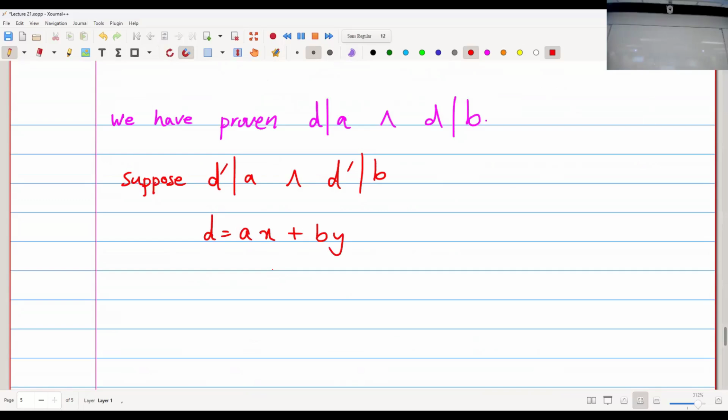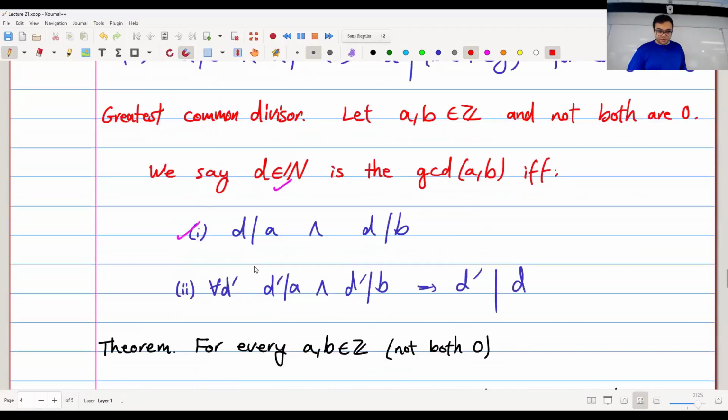D prime divides B, so D prime divides BY. So D prime divides AX plus BY, so D prime divides D. This part is a multiple of D prime. This part is also a multiple of D prime, so the sum should also be a multiple of D prime. Okay, great. So we proved the second part. So we proved all of it.